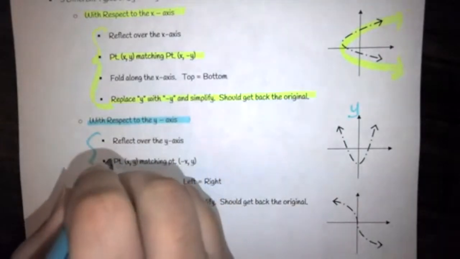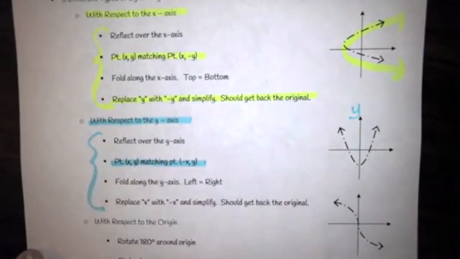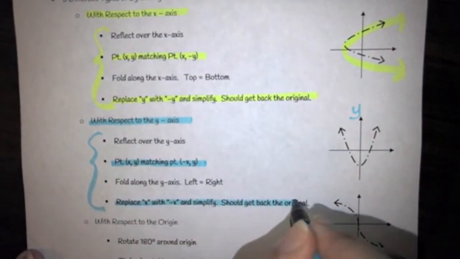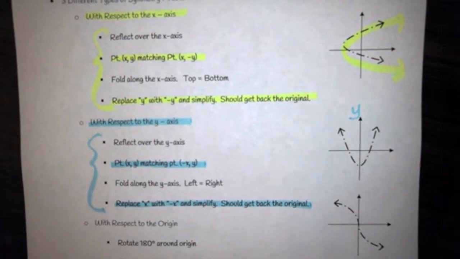In other words, its point matches negative x, y. So its test says that you need to replace all x's with a negative x and resimplify. When you do that, you should get back the original equation.